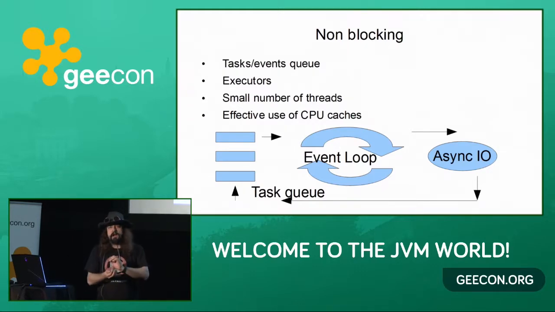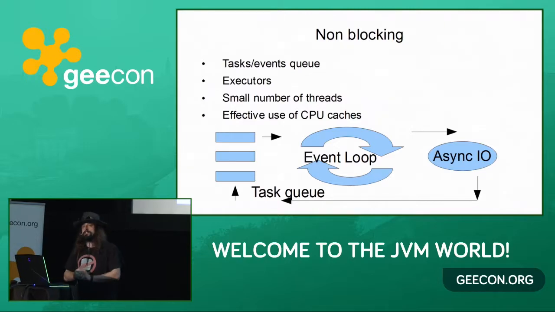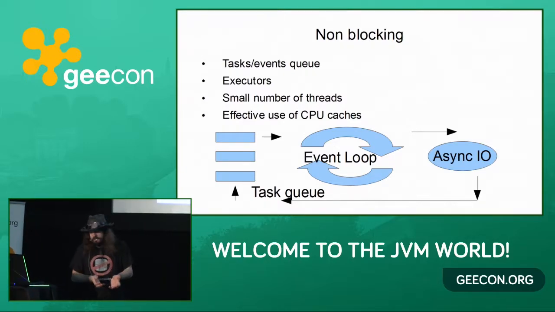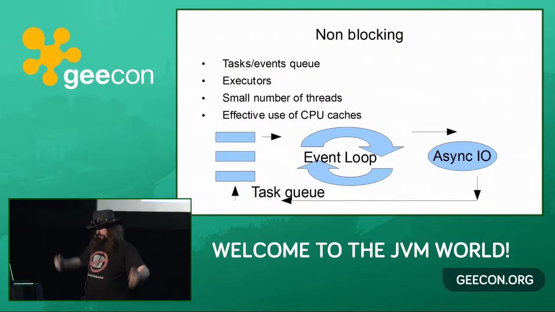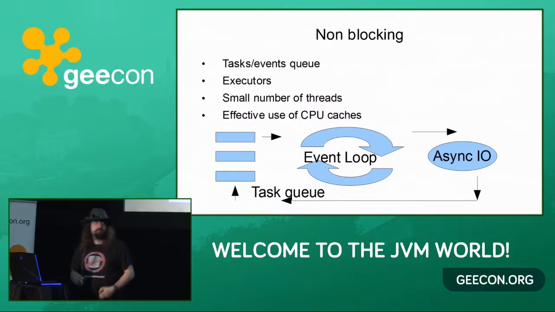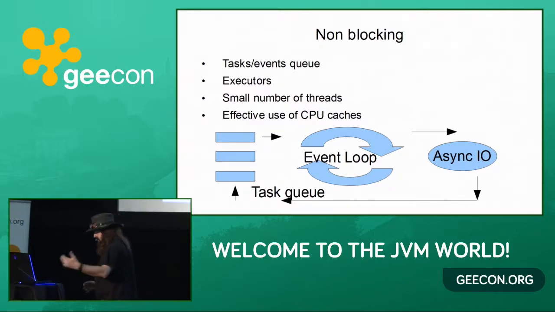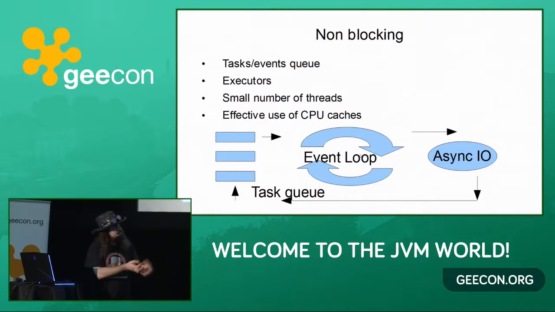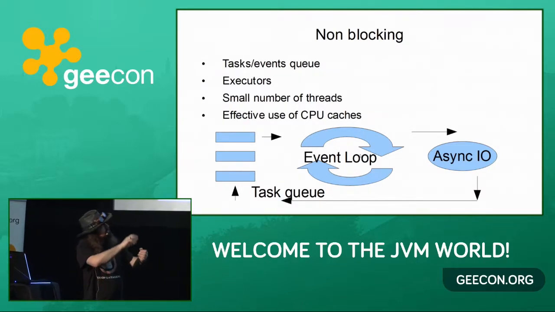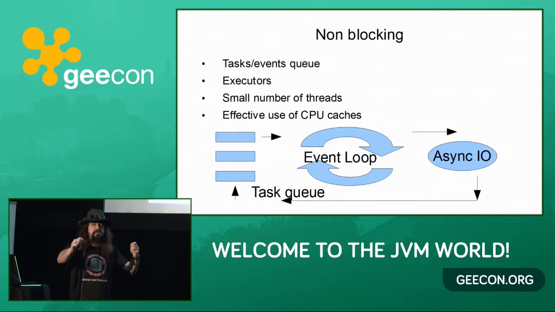So a typical non-blocking architecture works this way. We have no threads anymore. There are physical threads, but our processing is not bound to a thread. What we have are tasks. Tasks are things to do. We have some kind of task queue, and there is an event loop. The event loop typically has a thread that looks for a task, takes it from the queue, and processes it to the end.